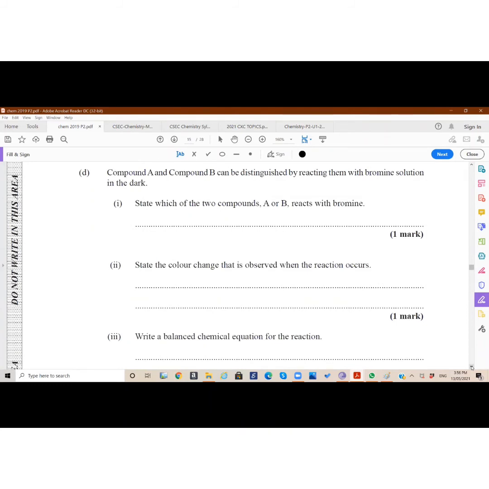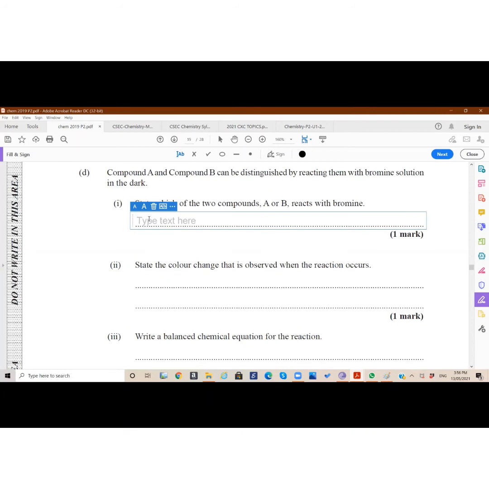Compound A and compound B can be distinguished by reacting them with bromine solution in the dark. Part 1, state which of the 2 compounds, A or B, reacts with bromine. Just a refresher, compound A is pentane and compound B is pentene.